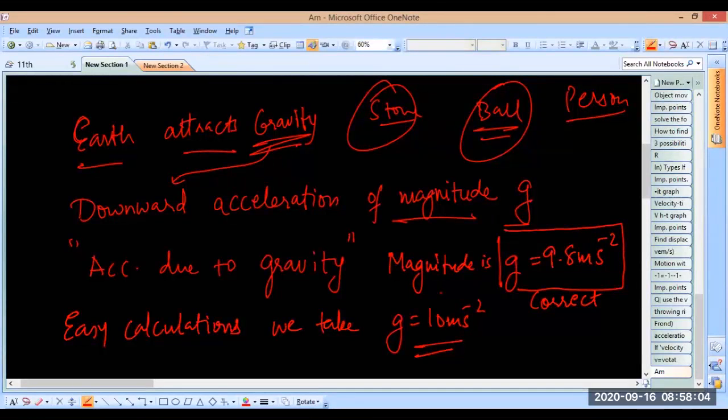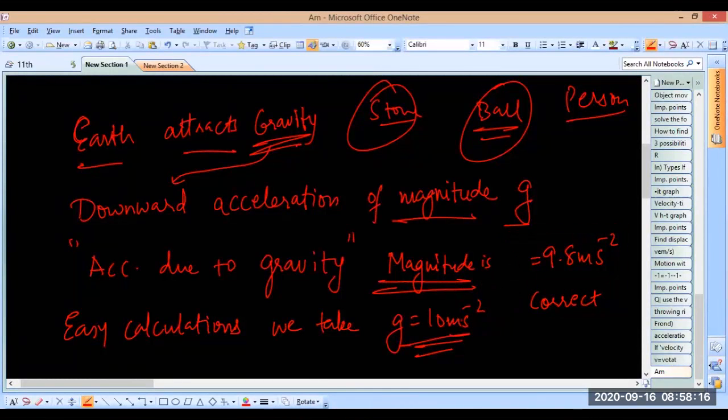I am coming to that point. Again, everyone, the magnitude is 10. I'm not talking about acceleration, I'm talking about magnitude of acceleration. Don't forget, right?